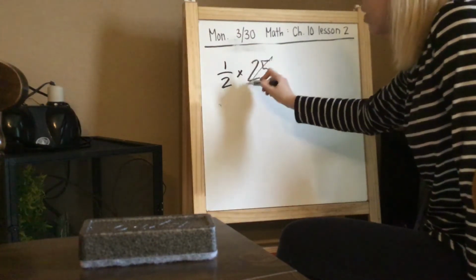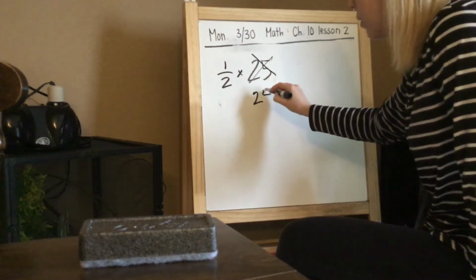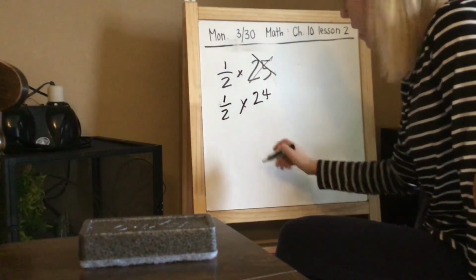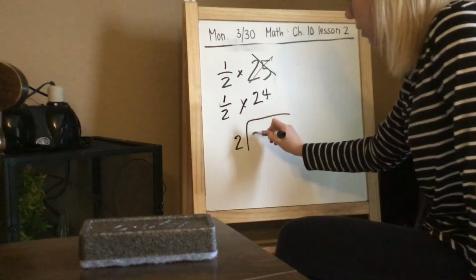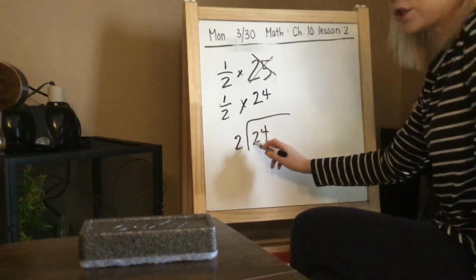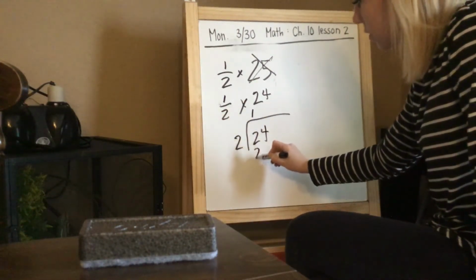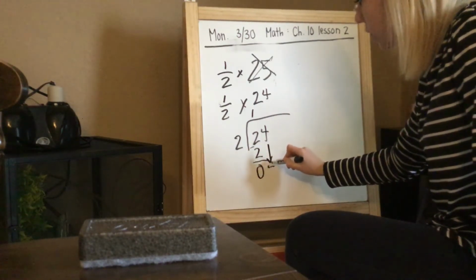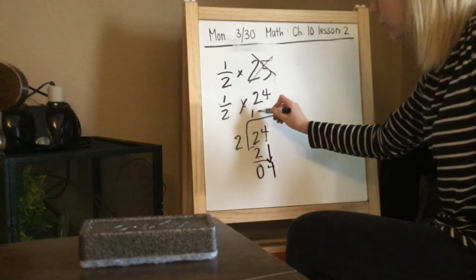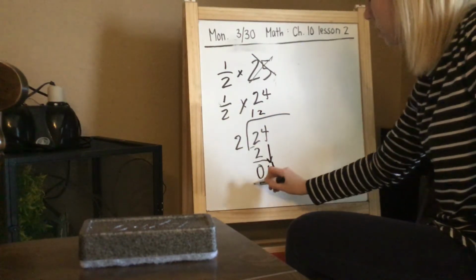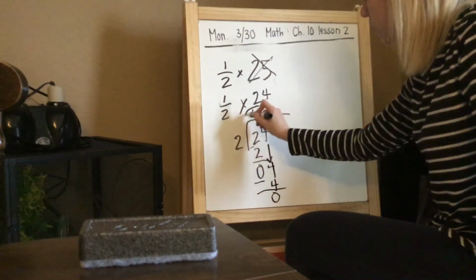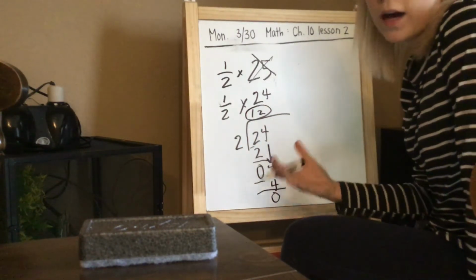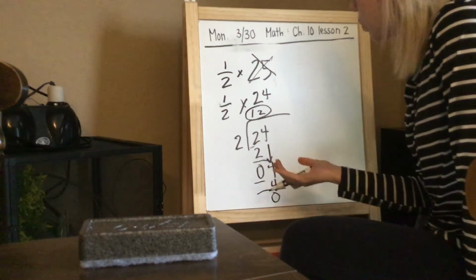So I'm going to change that to a 24. 1/2 times 24 is really the same as 24 divided by 2. 2 goes into 2 once, and that is 2. Subtract, I have 0, bring down the 4. 2 goes into 4, 2 times, subtract, so my answer would be 12. So 1/2 times 25 is really close to 12.